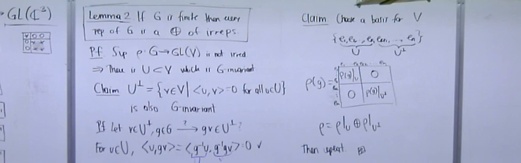So what we have to do now is figure out what it does to F1, F2, and F3. So what does this thing do to F1? Well, F1 is E1 plus E2 plus E3.